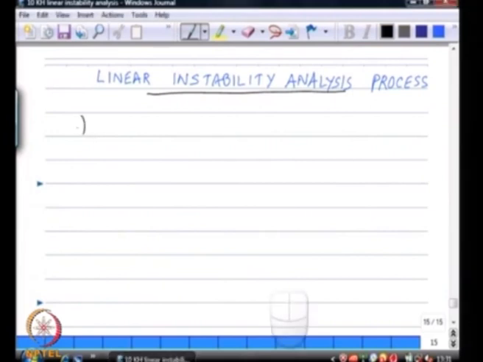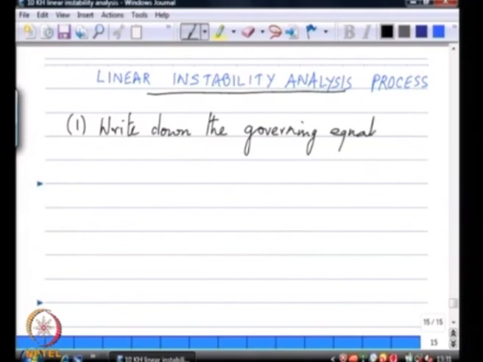The process started with first writing down the governing equation, and then we started with a mean flow.